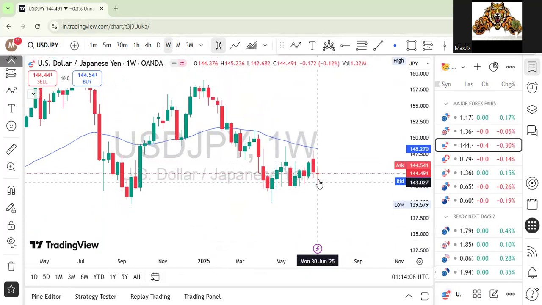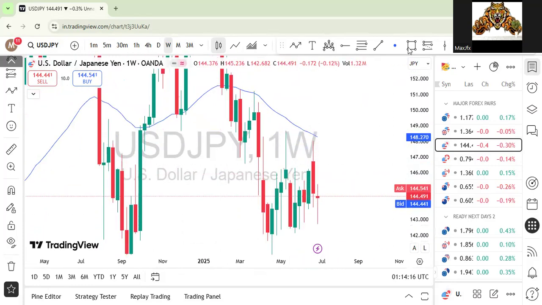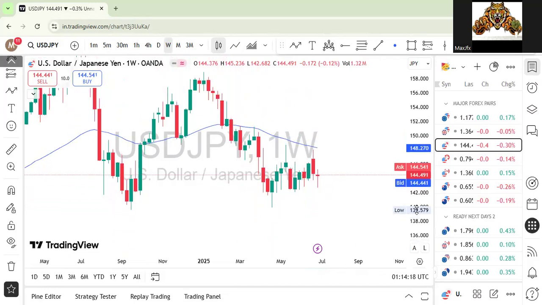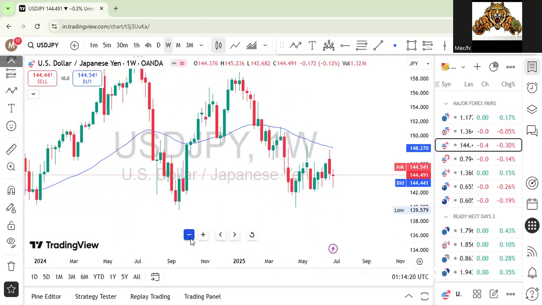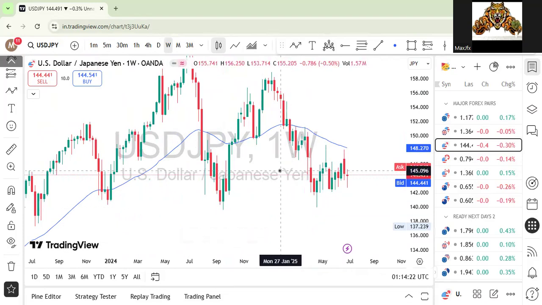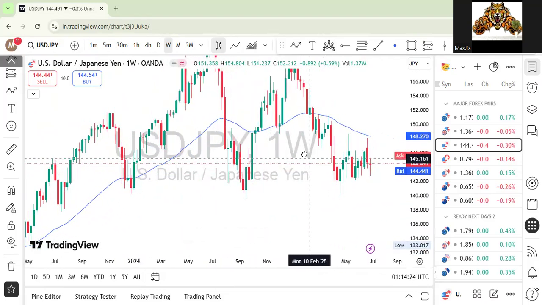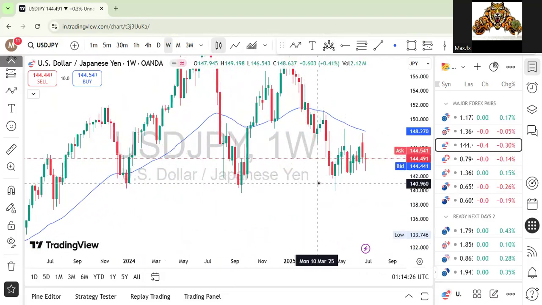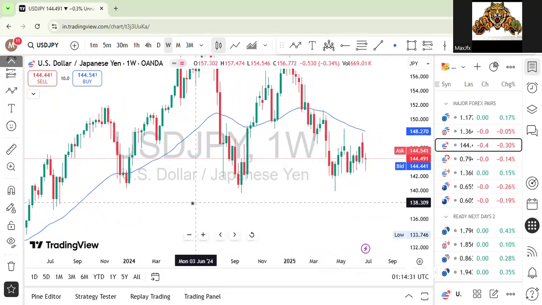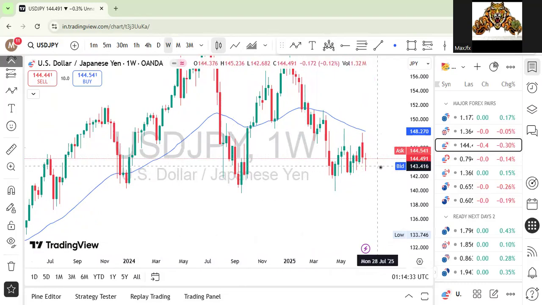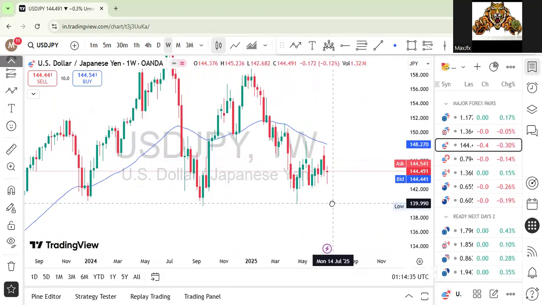Because this shows that sellers made their way down, but the buyers came in, and it closed a little above. If you can see, it closed above. It tells us that there are a lot of buyers now in the market. And this makes sense because you can see that it's around a very strong zone right here. You can see this very strong zone. Okay. So now we are looking for buyers, not sells.